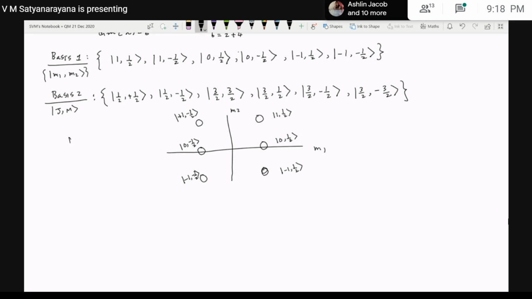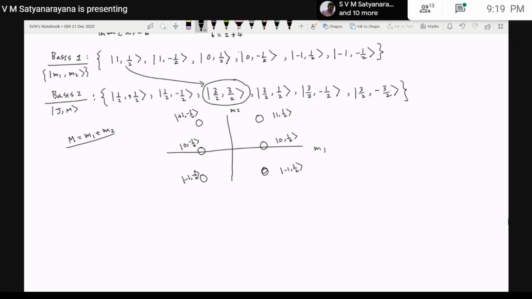Now we will use this fact that capital M has to be equal to M1 plus M2. So now you can see that when I want 3 by 2, capital M is equal to 3 by 2. That means I want this state. This state is possible only with this one. Correct.